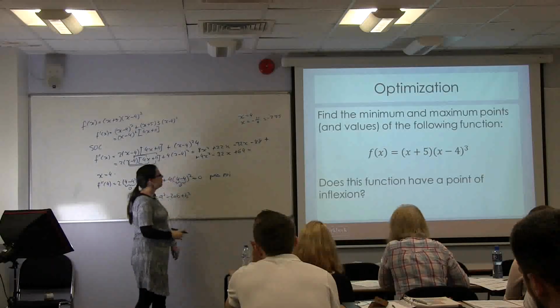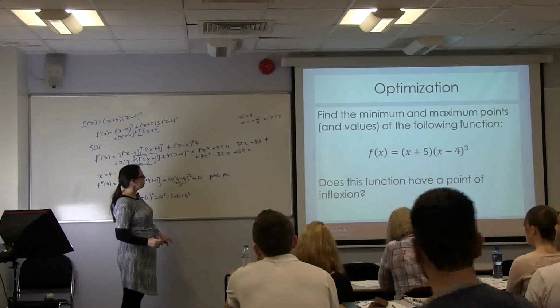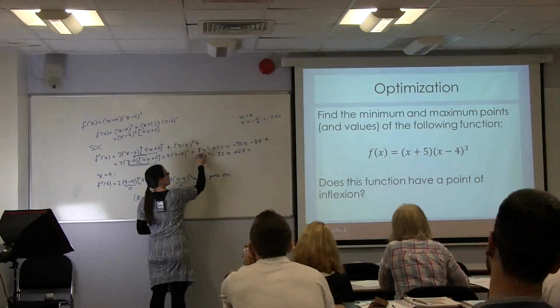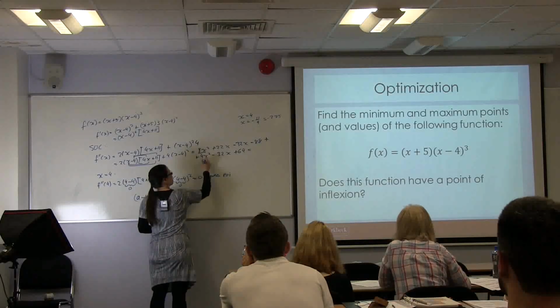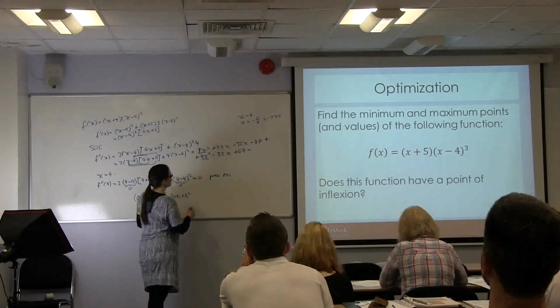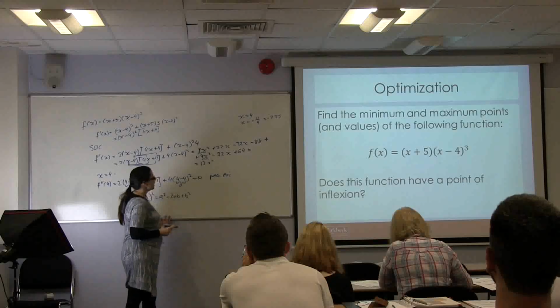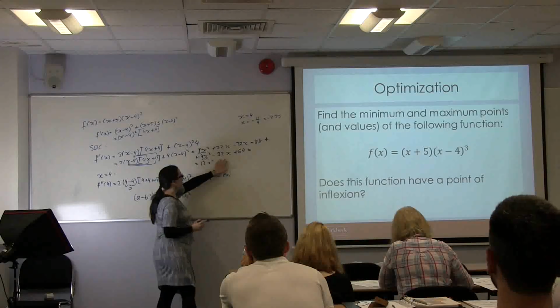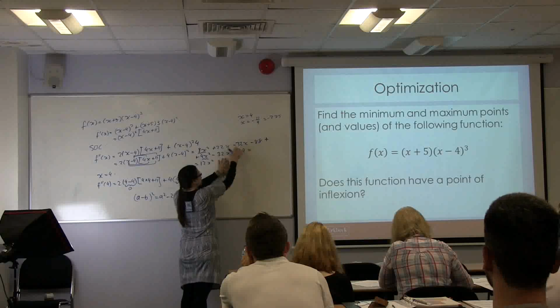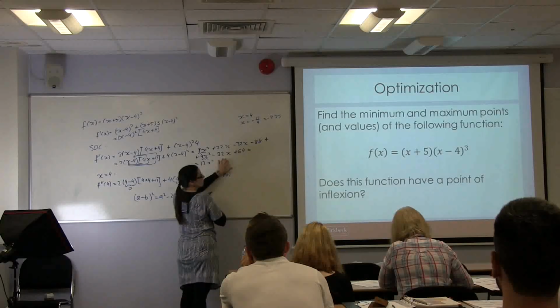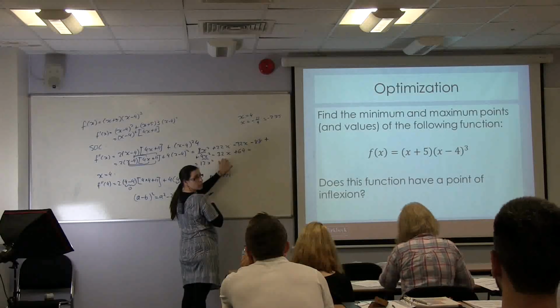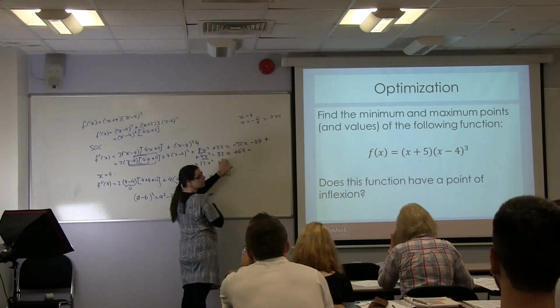Okay? Now, what do I have? This is a squared term. There's no more squared terms, so I've got 12x squared. The x's are 22 minus 32 gives me minus 10.